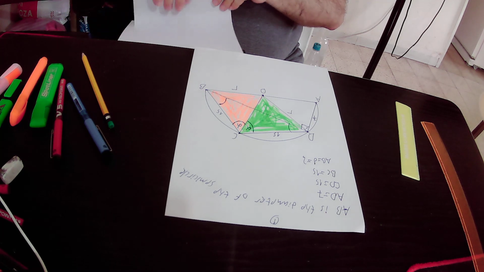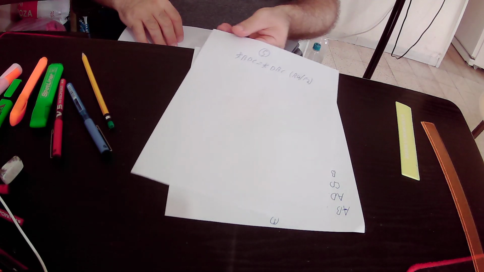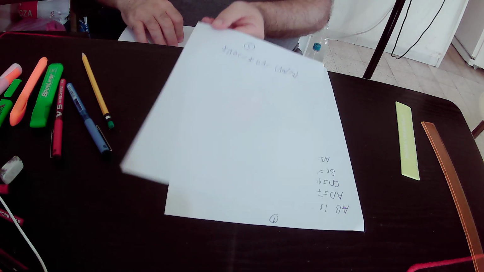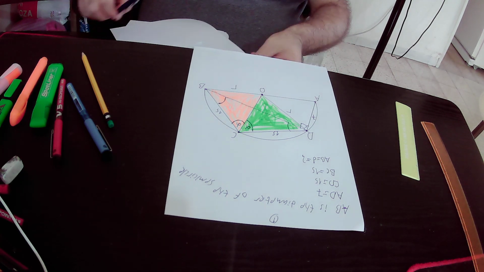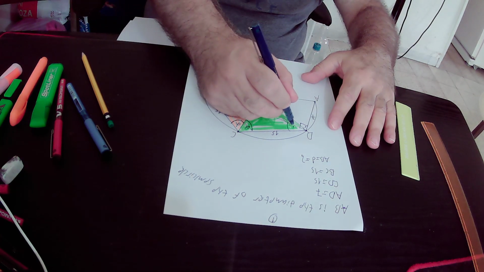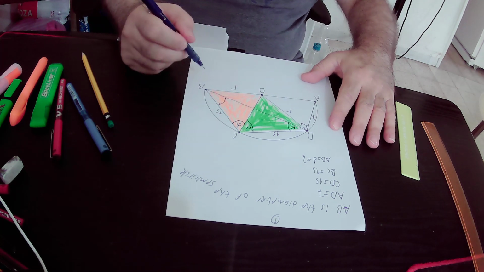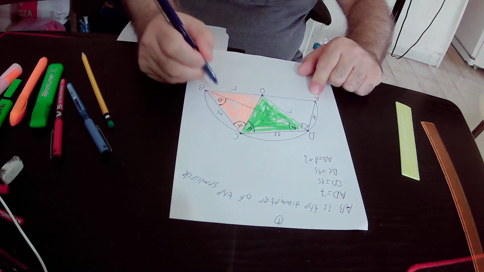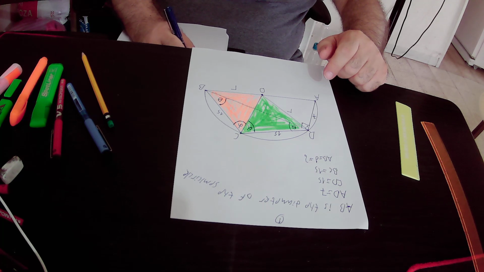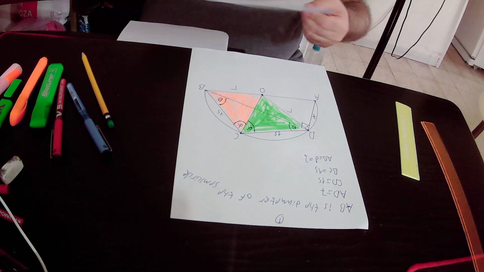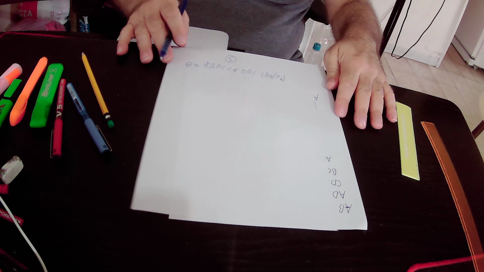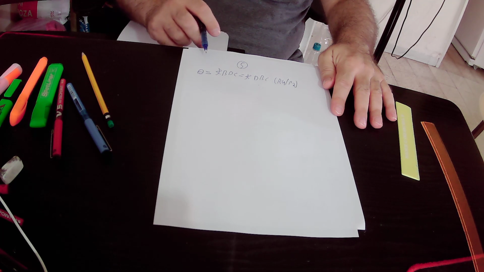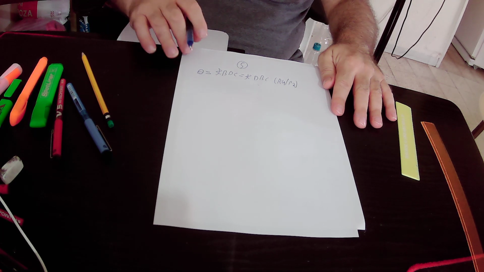Okay, so angle BDC equals angle DBC according to rule number 2. And if we define angle BDC as theta, then angle DBC will also be equal to theta. Okay, so angle BDC equals angle DBC according to rule number 2, and both those two angles are equal to theta according to our definition.